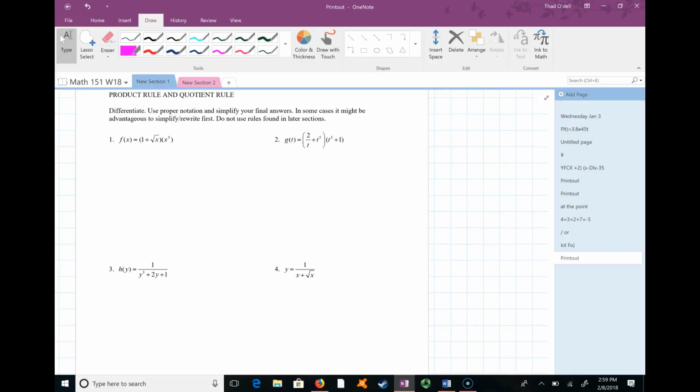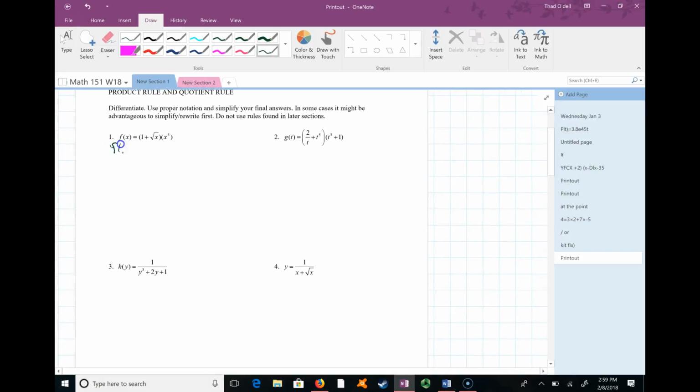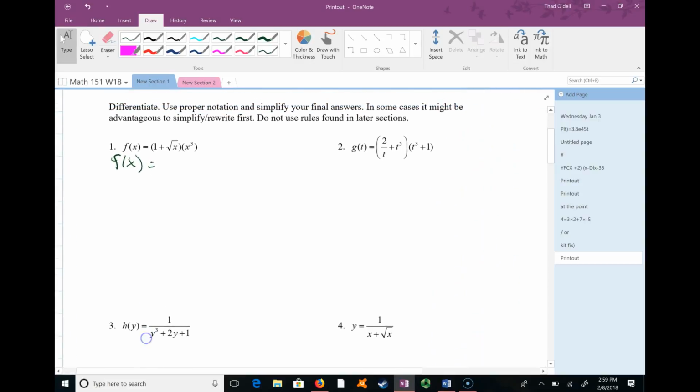Okay, so here we go. Number one, we've got something times something. In this case, it's a fairly simple multiplication using the distributive property, so I would probably just do that. Before I take the derivative, I'd rewrite this as f of x equals x cubed plus x to the 6 halves times x to 1/2, so it'd be x to 7 halves.